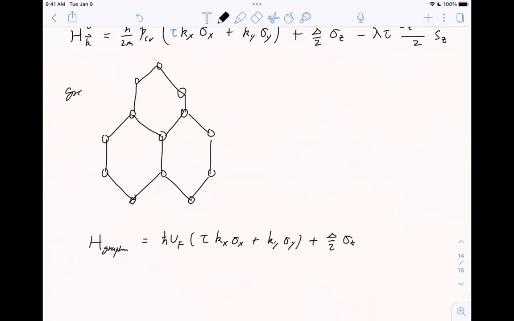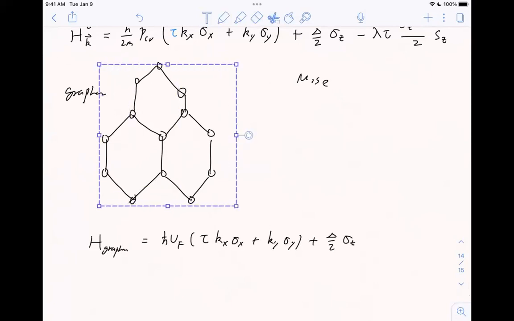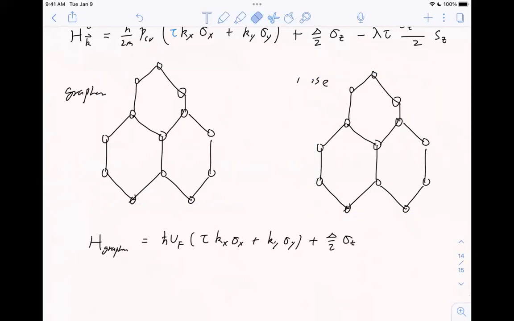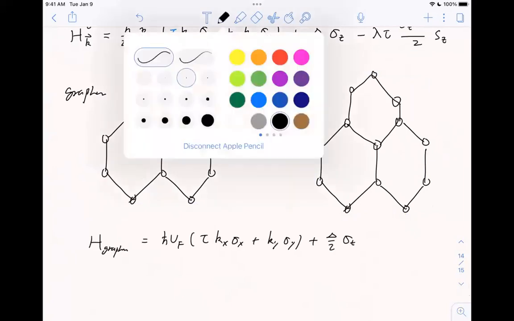So for graphene and for MoS2, you can basically copy the same form. But for monolayer MoS2, there's a big difference.